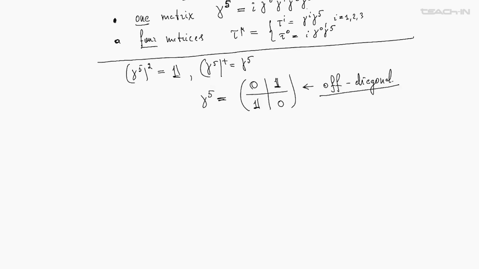So this means that these 16 matrices provide a basis in the space of 4x4 matrices. To finish the proof of this statement, I need to show that the matrices I have introduced are linearly independent.